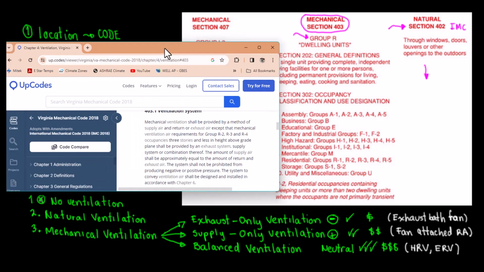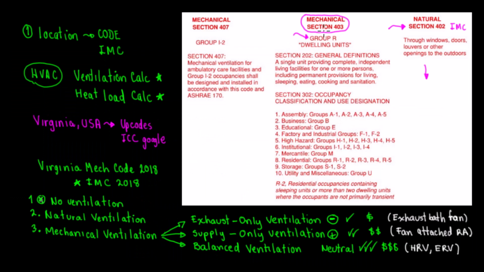What is group R? Group R is actually the occupancy definition, and where you're going to find the types of groups is in the IBC, International Building Code. The architects at the beginning of the projects already have an assigned occupancy classification for each space.